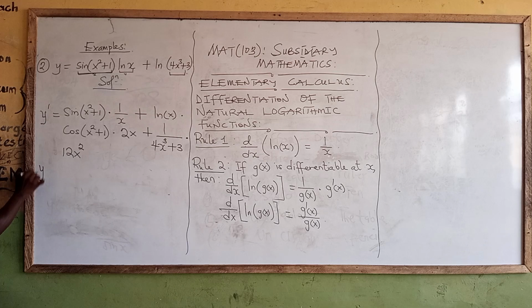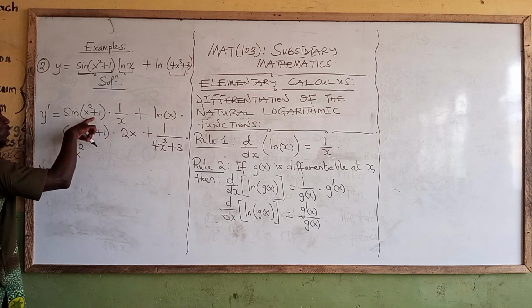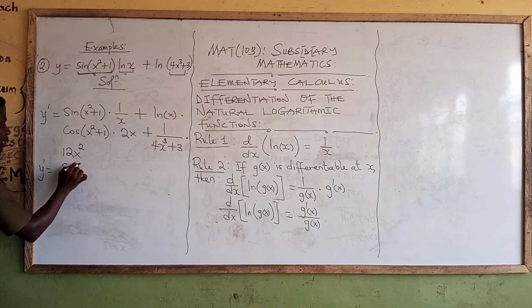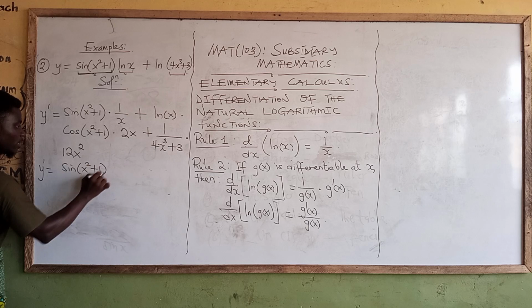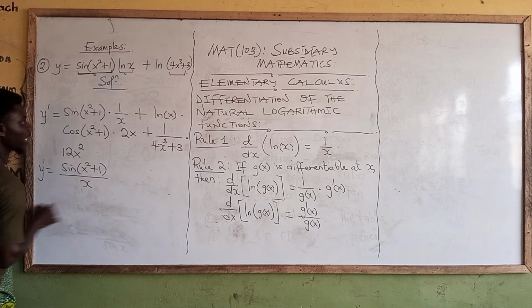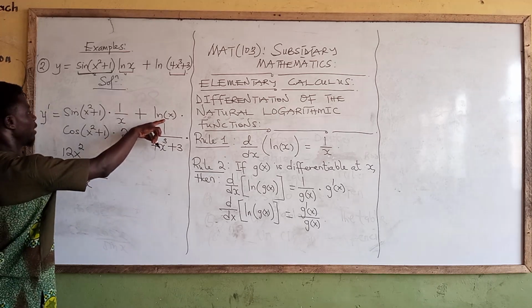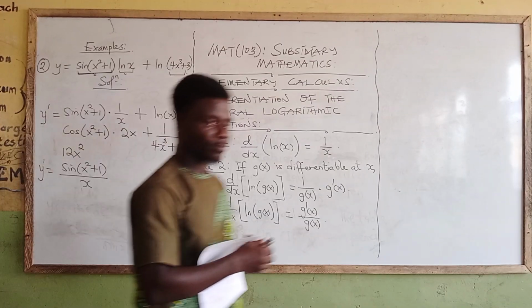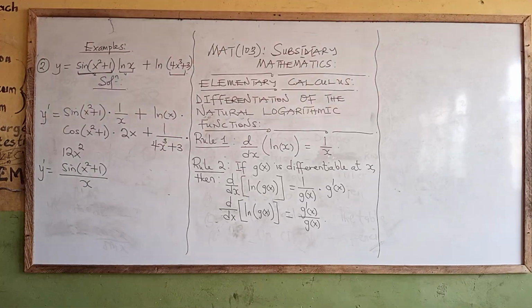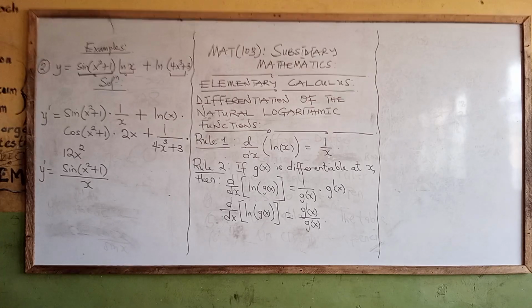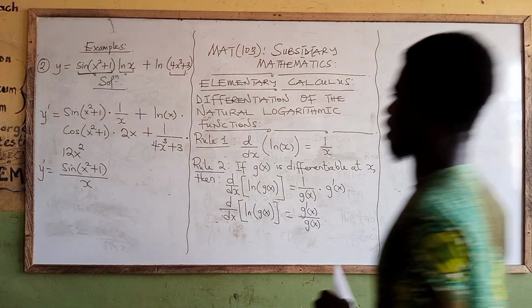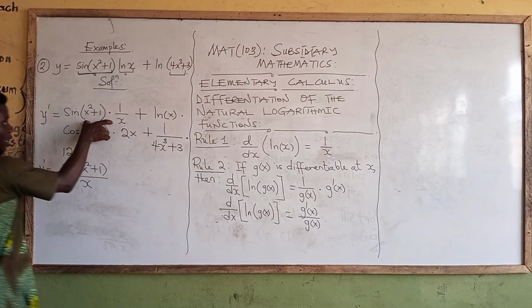So now my y prime can be written as sine of x squared plus 1 times 1 over x. We get sine of x squared plus 1 all over x. Then x is multiplying that. Let's see how best we can solve this. So y prime equals sine of x squared plus 1 over x. Don't forget multiplication of fractions.